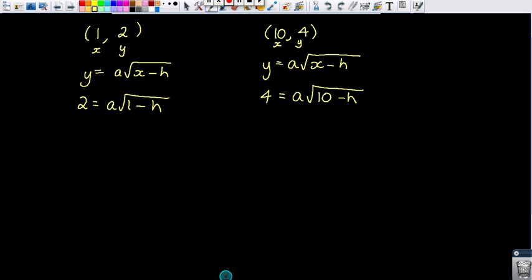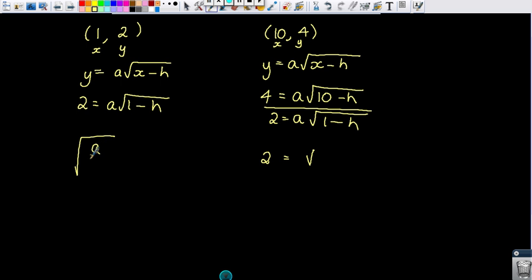Does everyone understand what he's saying there, where he's divided? So if you divide 2a root 1 take h into 4a root 10 take h, 4 divided by 2 is 2. The a's now cancel out. Remember the rule about square roots with division?